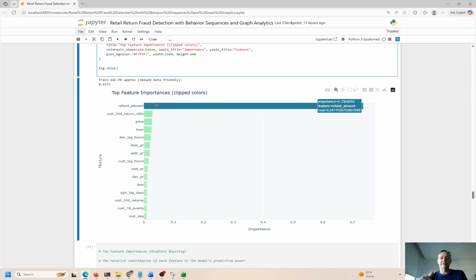And I would guess they maybe buy an item cheap, right? Then what would they do? Buy a second item more expensive and then return the cheaper item with the more expensive receipt.